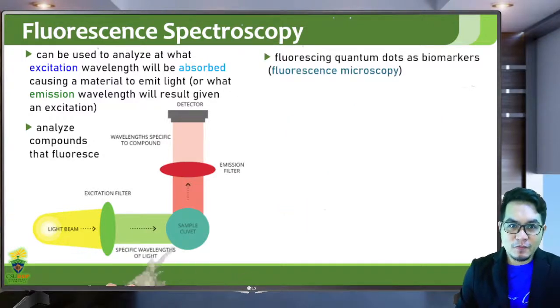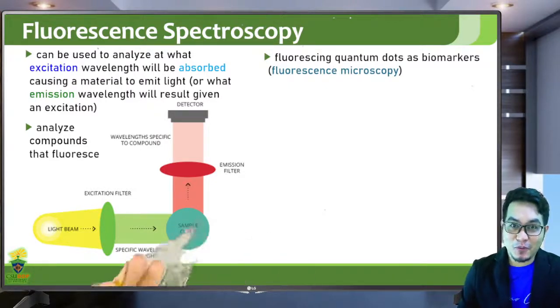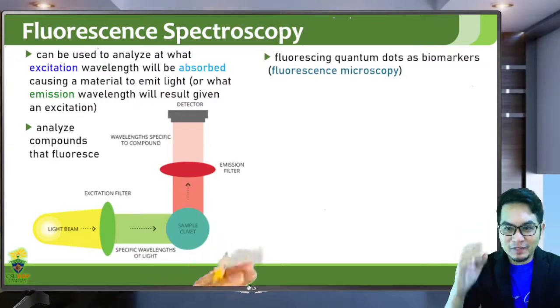One application of fluorescence spectroscopy is in fluorescing quantum dots as biomarkers. It's actually fluorescence microscopy, but before you can go to fluorescence microscopy, you first need spectroscopy.